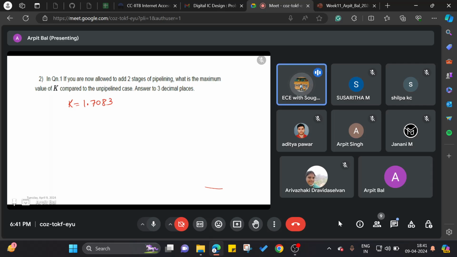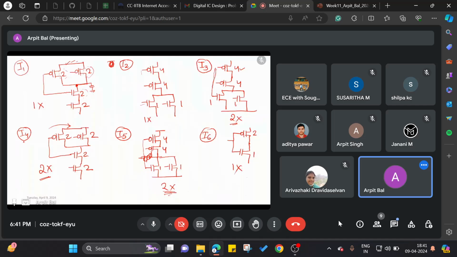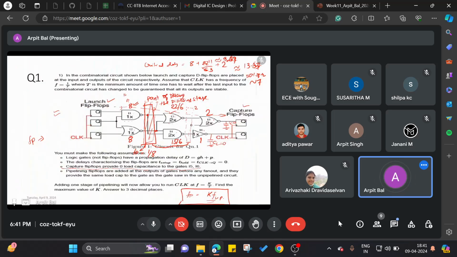Sir, what if we place the second pipeline and it improves the frequency then? Okay, let's see. If we put the second one, it won't improve the frequency, right? Because you see, we have a bigger delay present here, 8.